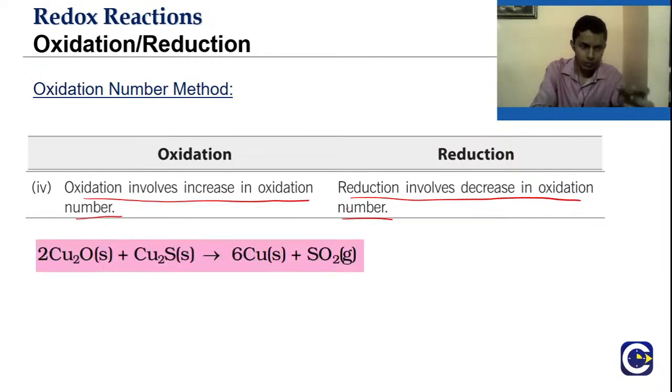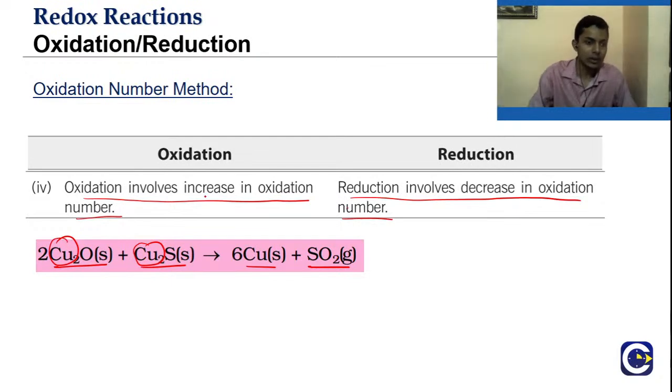For example, take Cu2O plus Cu2S gives Cu plus SO2. Quickly tell me, what is the oxidation number of copper in this? In case of Cu2O and in case of Cu2S.